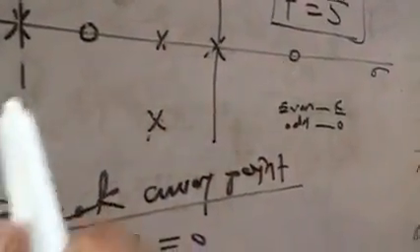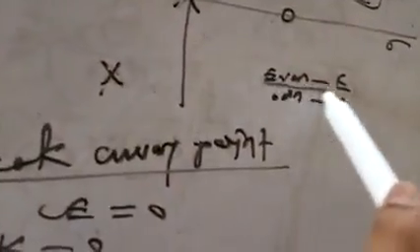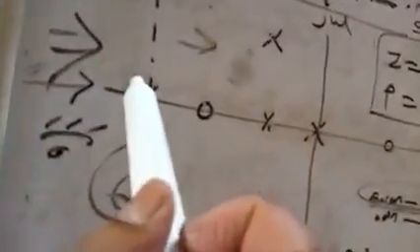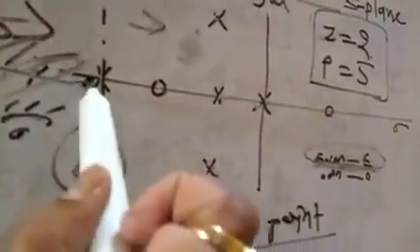It is 6. 6 is an even number. When the sum of poles and zeros is even, that means root locus does not exist. So from minus infinity to this point, root locus does not exist.